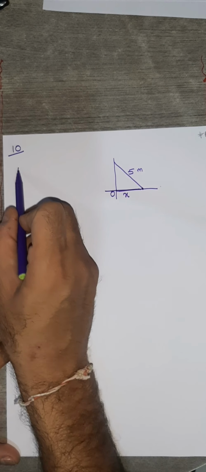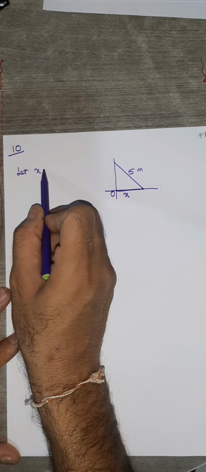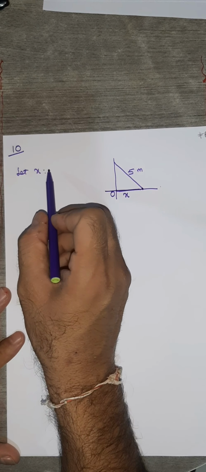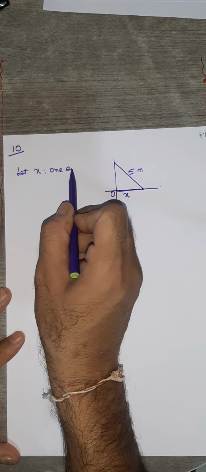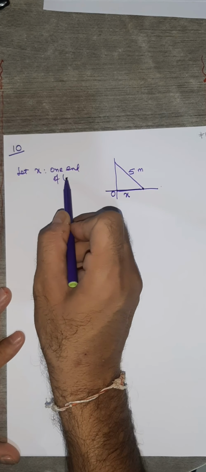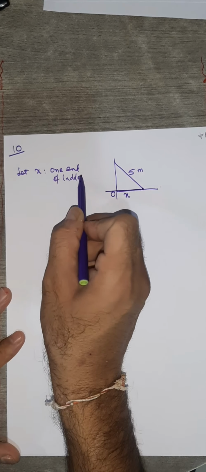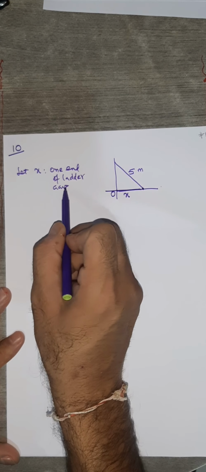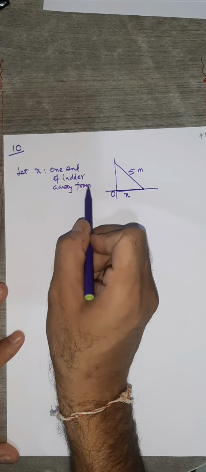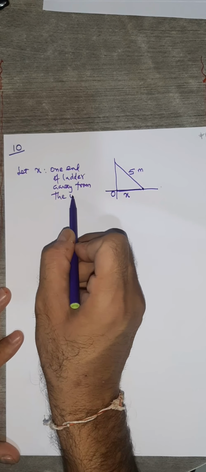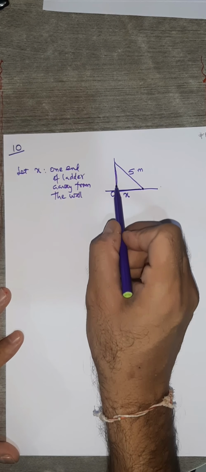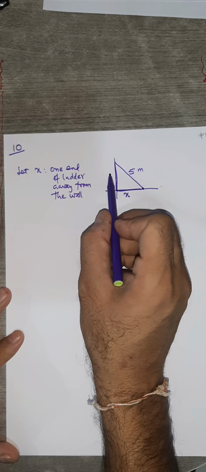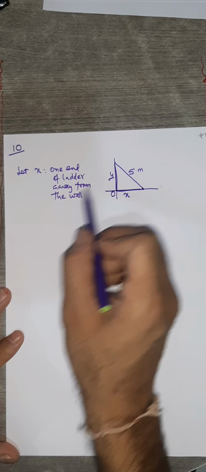So what is X? X is nothing but one end of the ladder away from the wall, and this is nothing but the height on the wall where the other end touches.